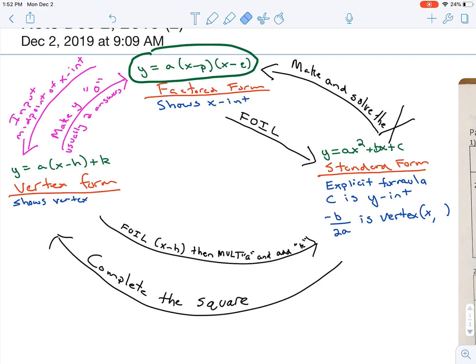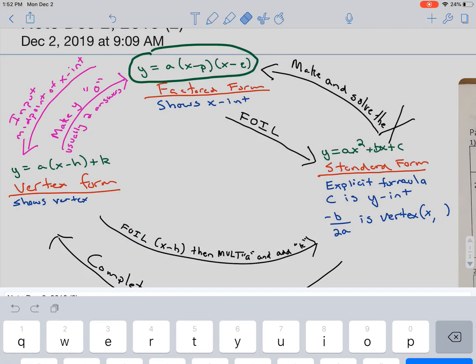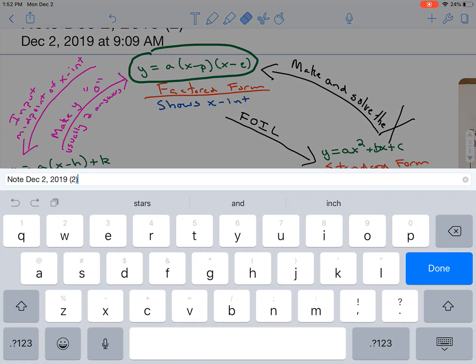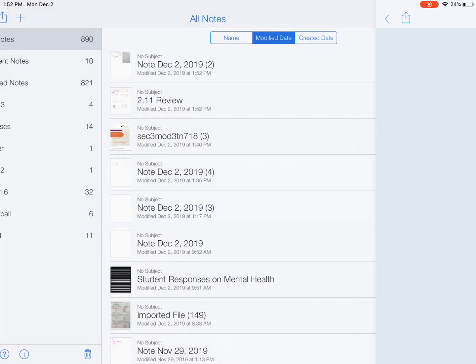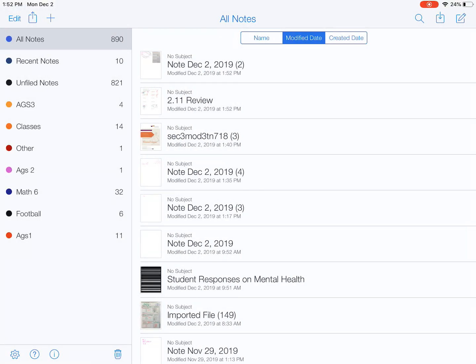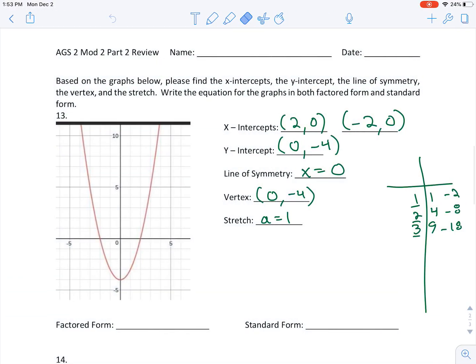Okay, what are the x-intercepts? The x-intercepts are -2 and 2. So this would be y is equal to (x - 2)(x + 2), and has an a value of 1. Now you don't have to write that 1 in there if you don't want to.